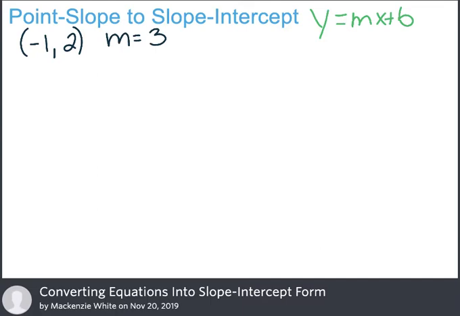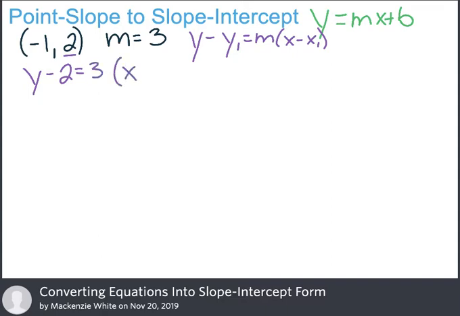So point-slope is where we have y minus y1 equals m parentheses x minus x1. So y1 is the y-coordinate, so this is going to be y minus 2 equals 3, my slope, parentheses x minus the x value from my coordinate.